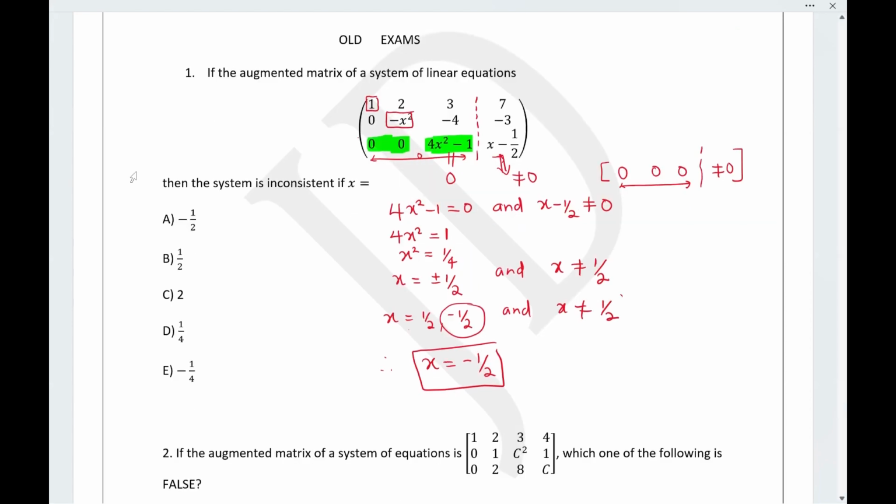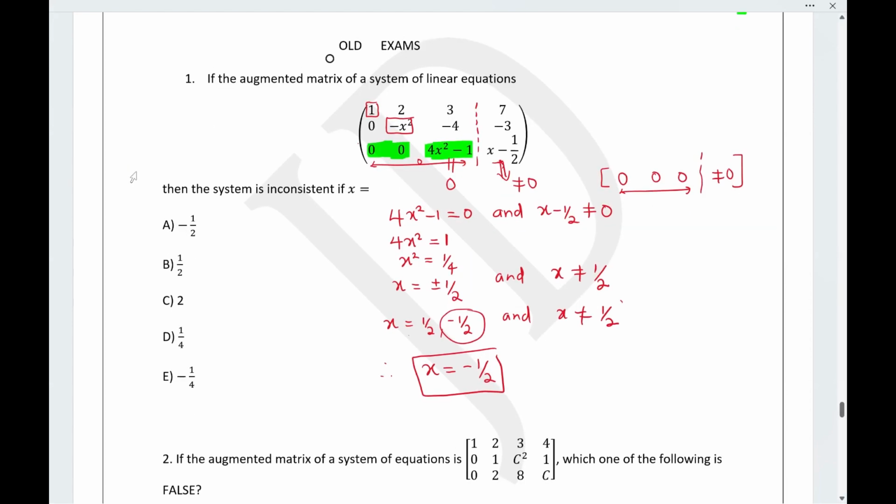So this means that if x is minus half, this system is going to be inconsistent. Because if you substitute minus half into this one, it is going to be 0, right? Here is going to be 0. But here, if you substitute minus half into this term, it's going to be minus 1.